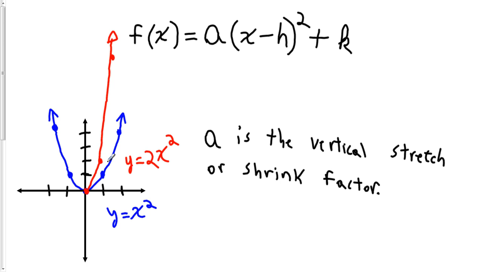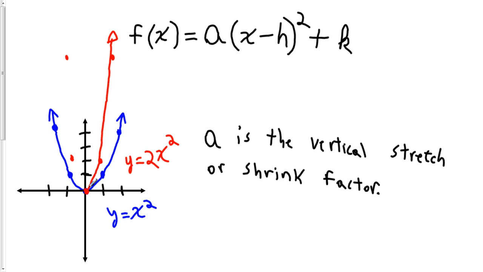And because of the line of symmetry, I know I have an identical point on this side because it's symmetric to that point, across the line of symmetry, the y-axis here.